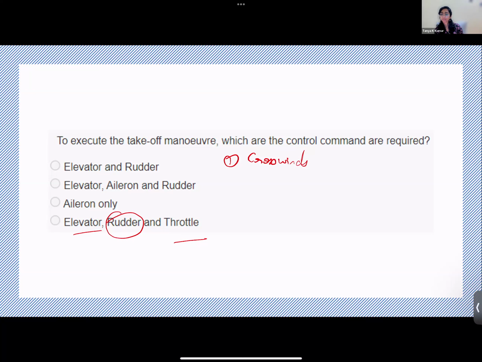Think about it. If there are no crosswinds, even then the rudder is deflected.